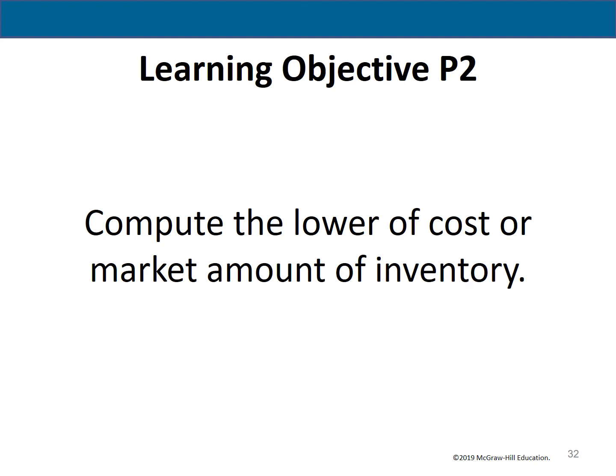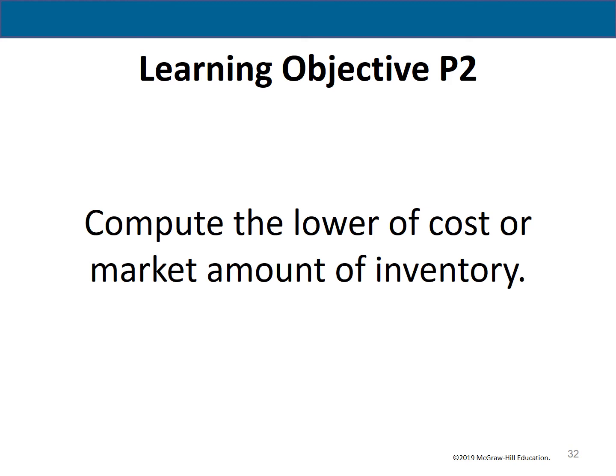Oh, I know what I wanted to say. So let me say this before I forget. Chapter 1, we talked about the conceptual framework, and there were two principles, and they were basically together: comparability and consistency. And basically, consistency said when you pick a method of accounting, you must use it consistently from year to year to year. So this applies to FIFO, LIFO, average cost.